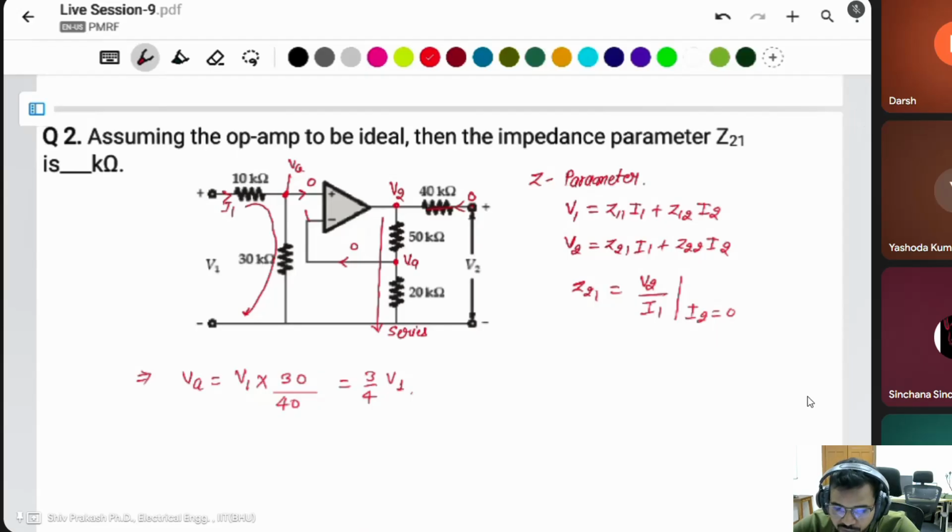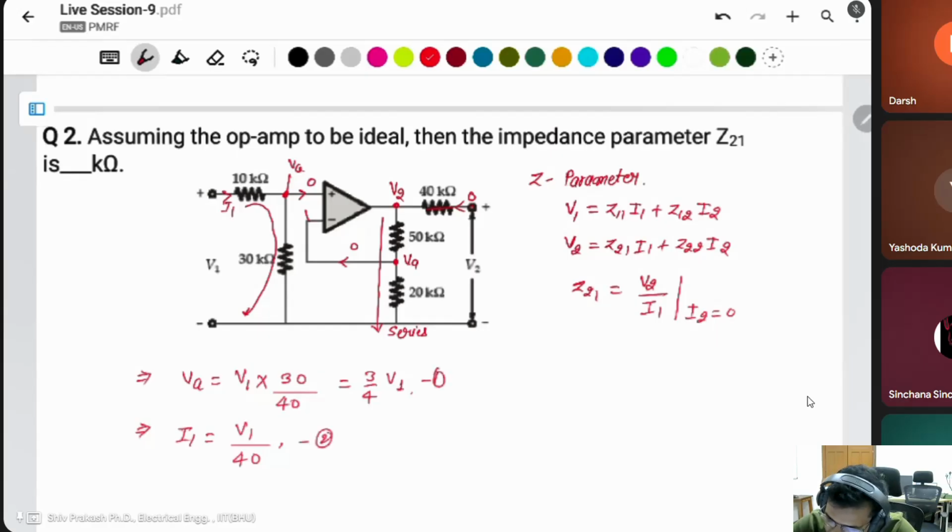But you have to find I1. What is I1? Simply I1 is V1 divided by these resistances, V1 divided by 40. Okay. You can say this is question number first, this is question number second.